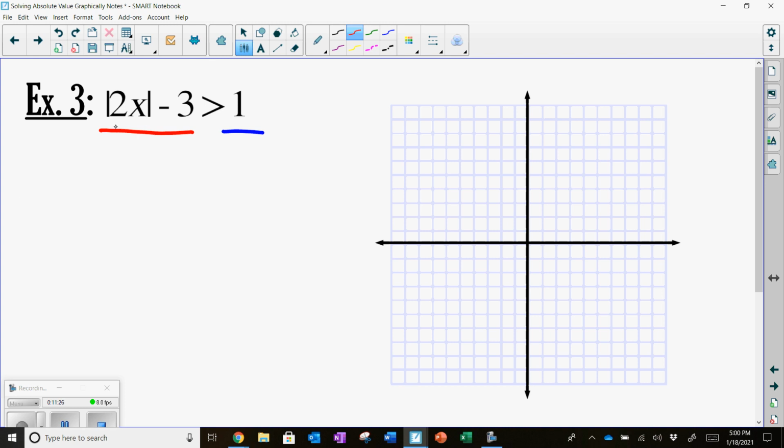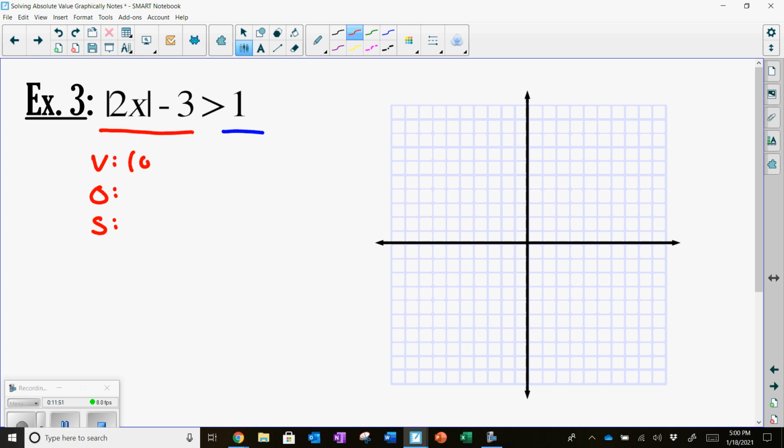On the left-hand side, we have the absolute value equation. So what do I need to graph it? I need the vertex, I need to know how it opens, and I need to know what the slope is. Inside the absolute value, it's just 2x, not 2x plus something or 2x minus something. So where is the vertex? What's the value of h?